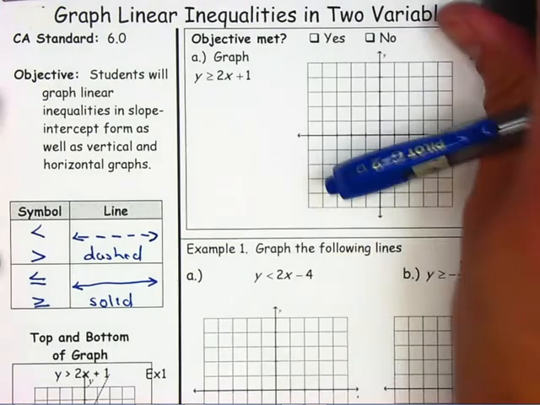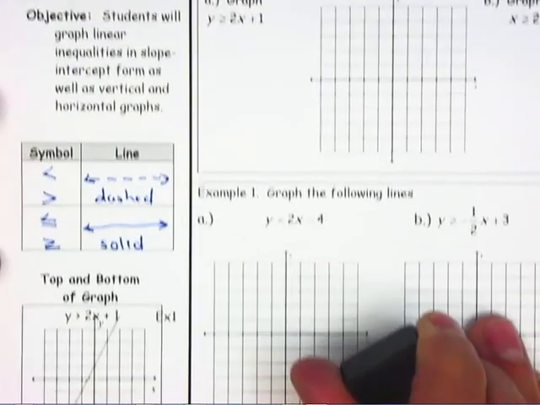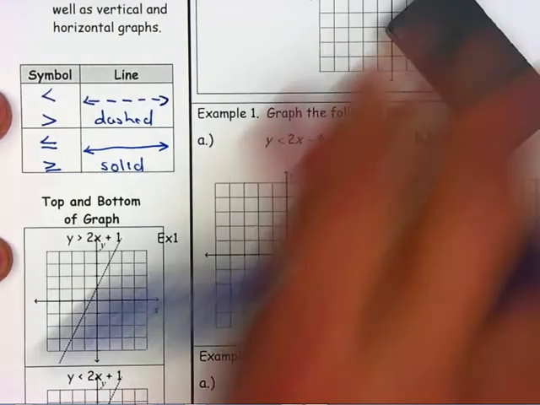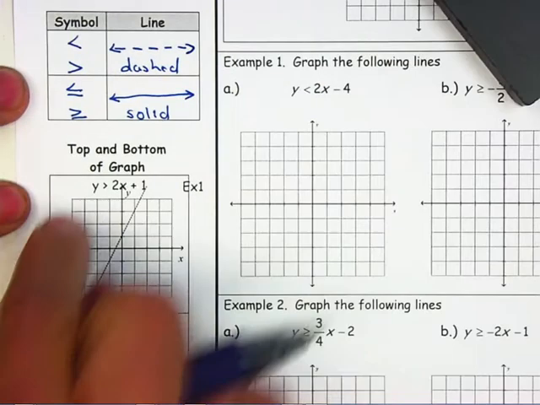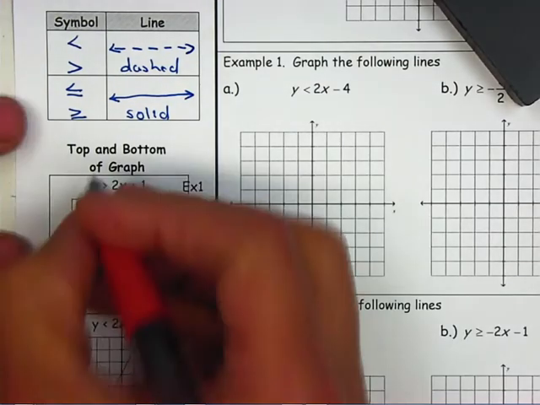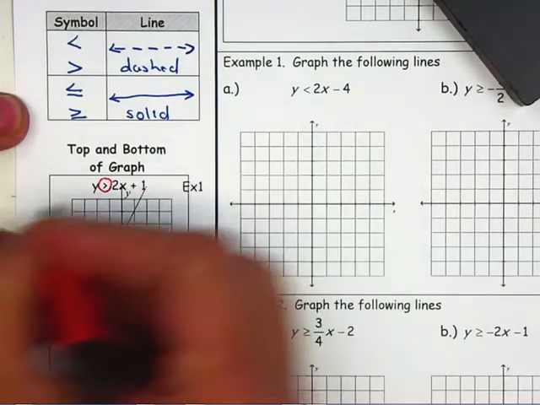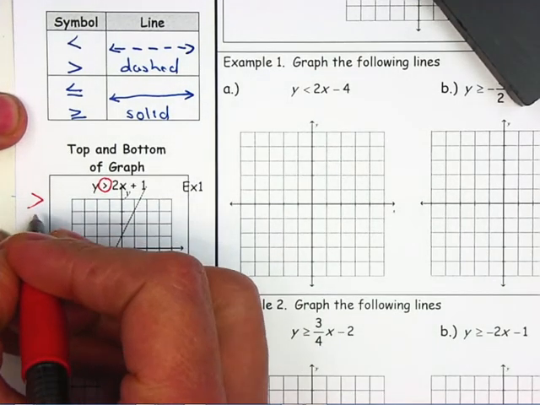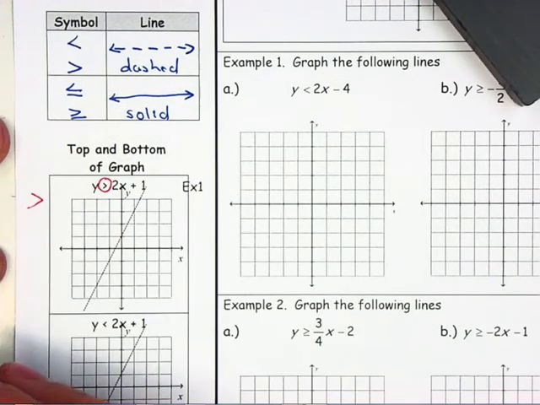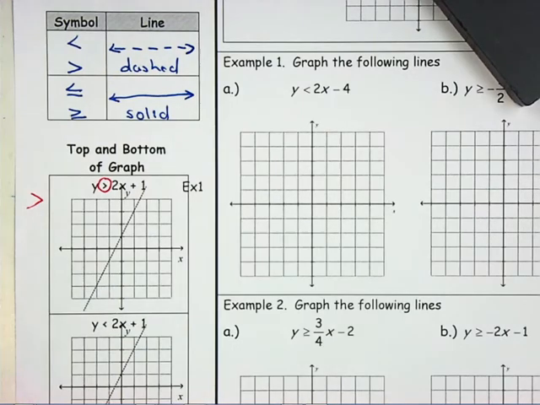We also have two types of inequalities: less than and greater than. If the inequality is greater than, we are going to be shading the top section.